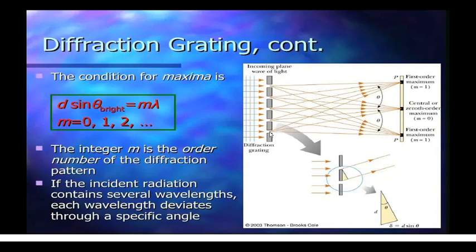But here diffraction has happened, and due to this diffraction and also interference, at this point P you can see the light coming from this slit, this slit, this slit, and through all the slits.